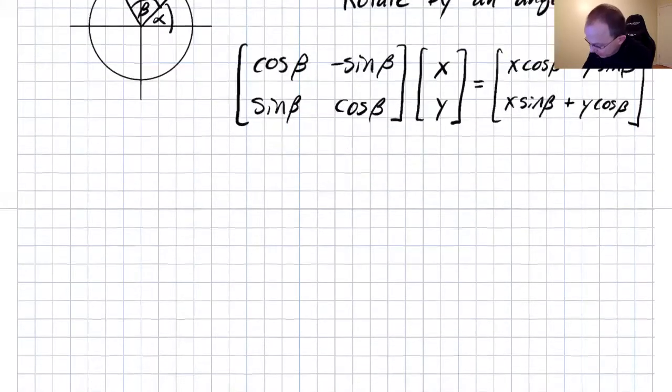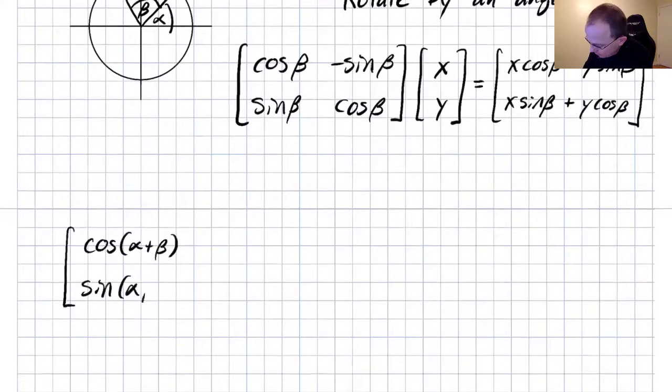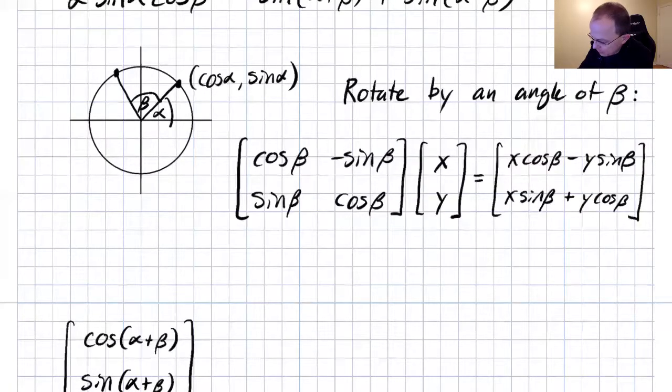That tells us that if we want to get (cosine of alpha plus beta, sine of alpha plus beta), which is this point up here, that's that point.